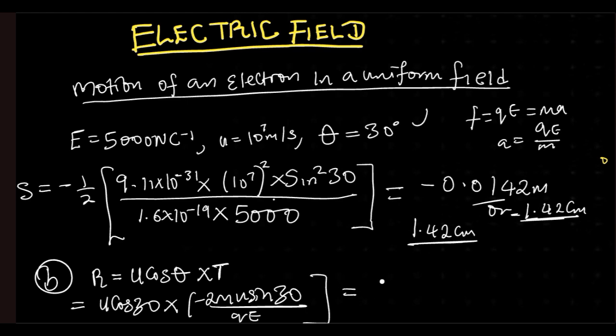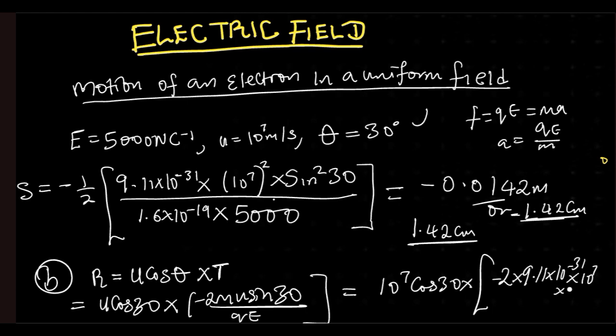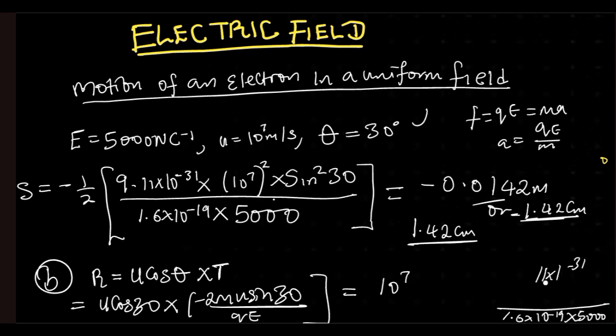Our u is 10 raised to power 7, cos 30, times minus 2, times the mass of the electron, that is 9.11 times 10 raised to power minus 31, times u, times sine 30, all over the charge of an electron, 1.6 times 10 raised to power minus 19, times the electric field intensity, 5,000.